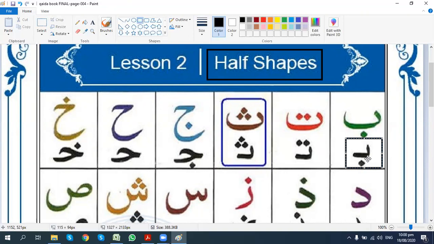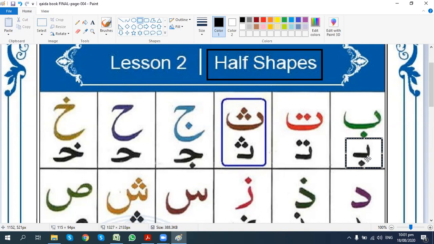Because in the Quran we have letters which attach, which are joined together. So when we want a letter to be joined with any other letter, we will always take the half shape of the letter.